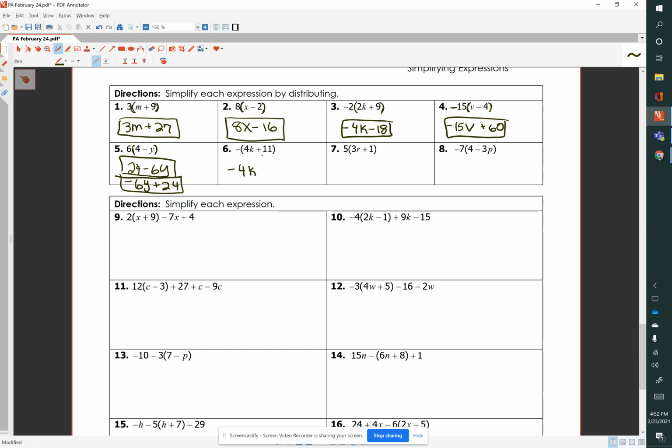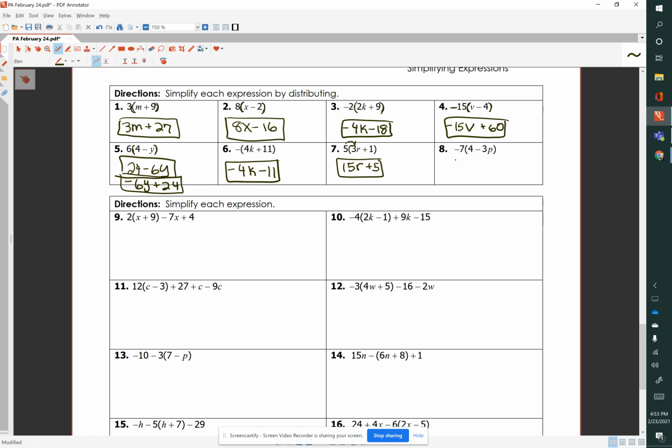Negative times positive 11 is negative 11. So all we did was change the signs when simply multiplying by a negative. You need to remember that is a negative 1. It's an invisible 1. Now we have 5 times the quantity 3r plus 1. 5 times 3r is 15r, and 5 times a positive 1 is positive 5.